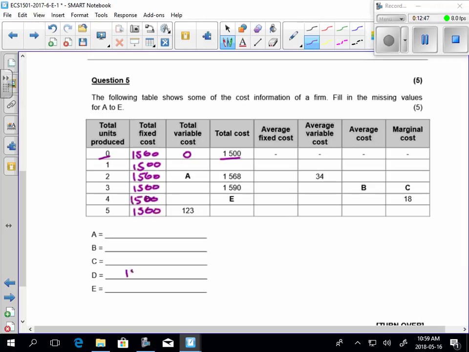So D is 1,500. Okay. Remember, your fixed cost plus your variable cost is equal to your total cost.